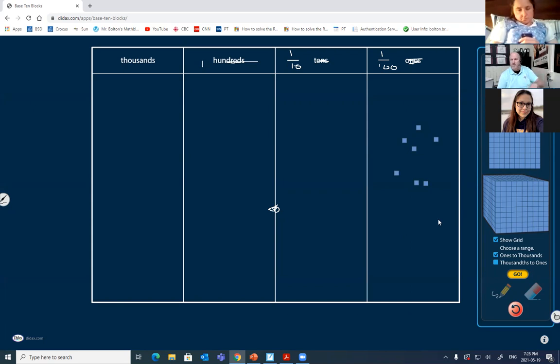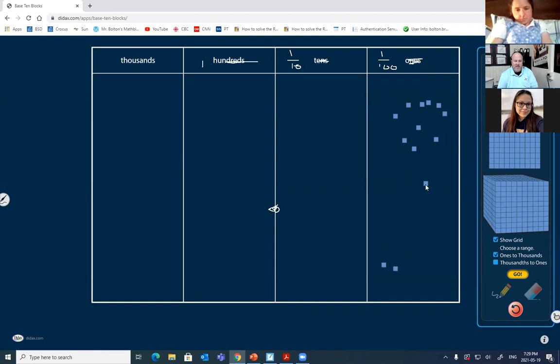Then the second person rolls, they add their dots. The third person rolls, they add their dots. Now it gets to my turn again, and I roll a 6. So I can add 6 dots: 1, 2, 3, 4, 5, 6. Now, are there more than 10 dots here? Yeah. So what can we do? An exchange.